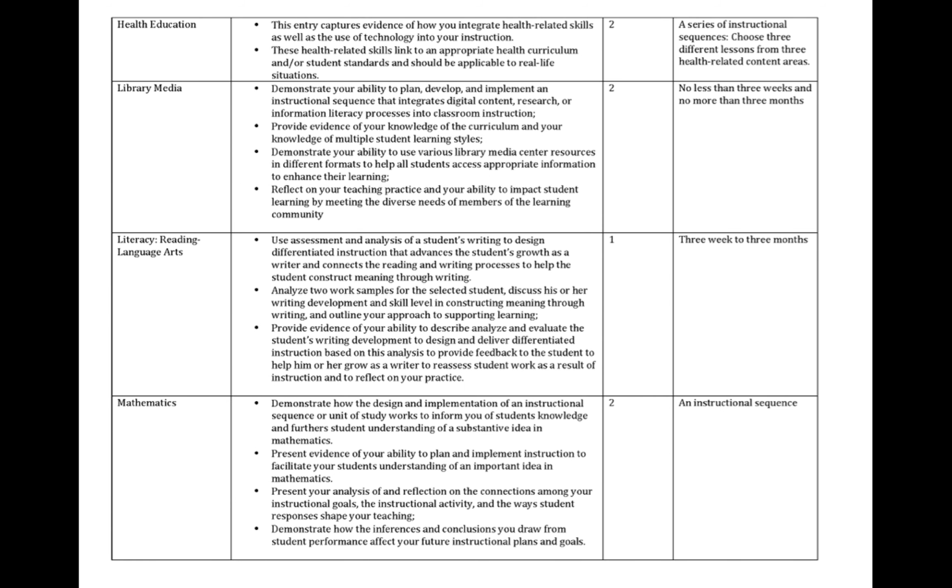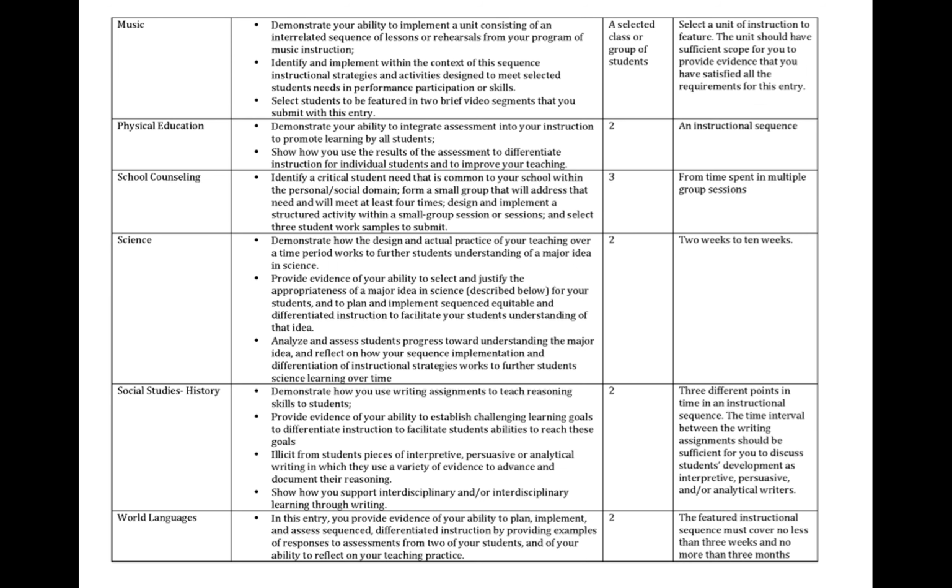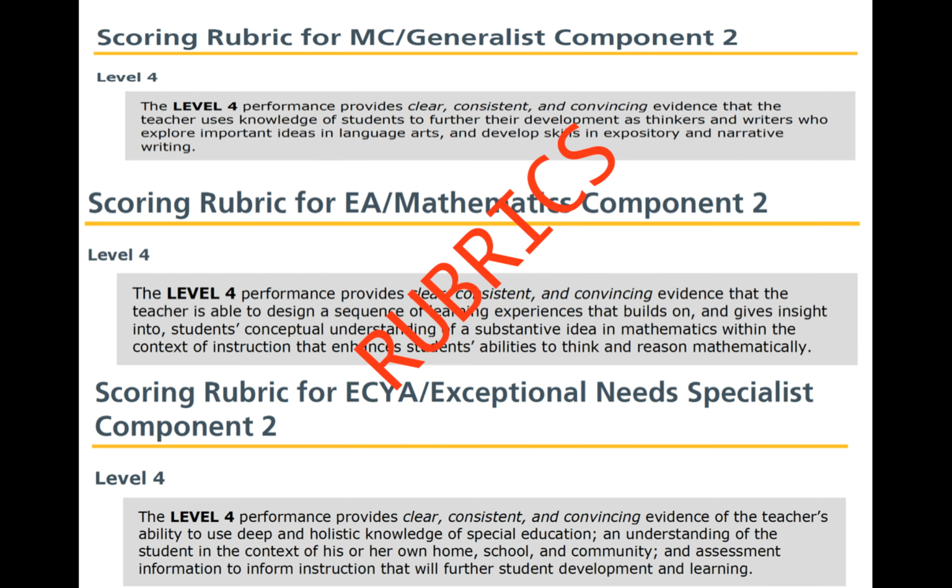This chart is in the WCTP 601 module, component 2. But you shouldn't rely on this chart alone. You should have your component instructions open and identifying that for you as well, so as you walk through this process, you'll know specifically what to do.